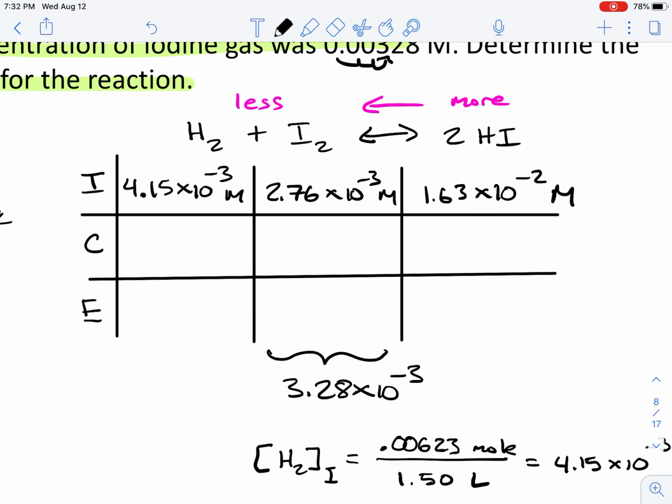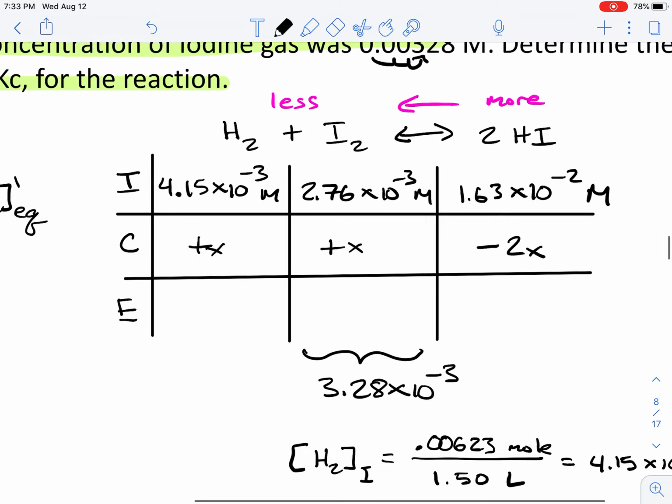And so what this means is that the change is going to be minus 2x, plus x, plus x. And so the equilibrium concentration here, I should have given it some more space, that's okay.